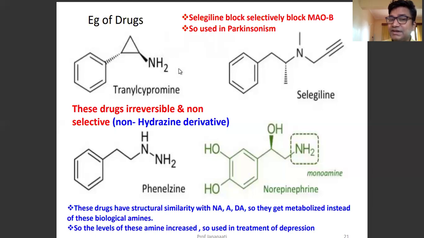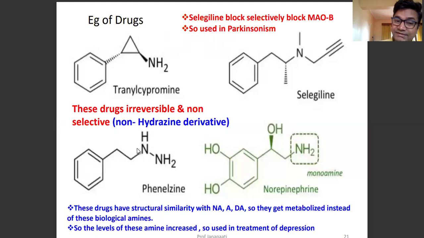So these drugs get metabolized instead of noradrenaline. Tranylcypromine, see, this is tricyclic. Selegiline is a MAO B inhibitor used in Parkinsonism, not for depression. Why? Because MAO B is metabolizing only dopamine.